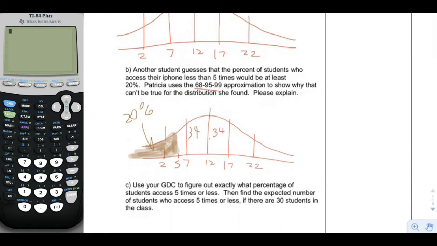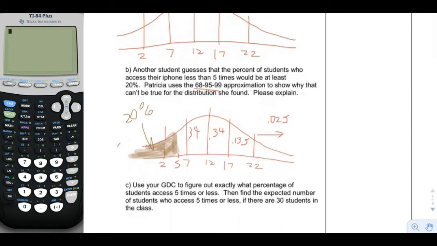And you know that this region is 13.5%. And you know that this region is like 2.5%, like going that way it's going to be 0.025, something like that.